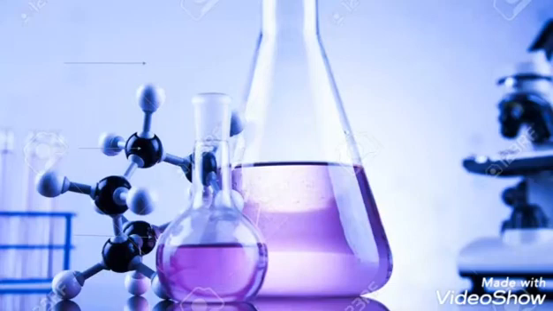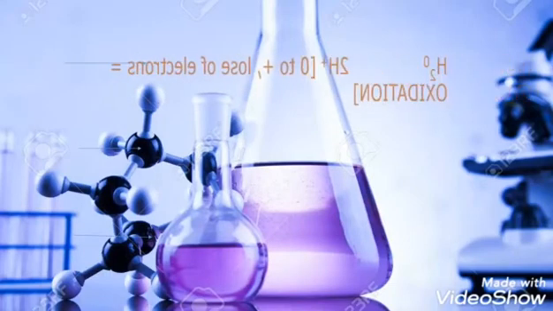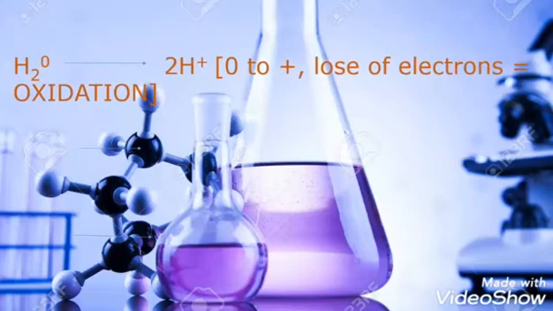After assigning the charges of the substances, let us now see the changes in the charges. For hydrogen gas, the charge changes from 0 to +1, which means that you lose an electron since the charge changes from 0 to positive.